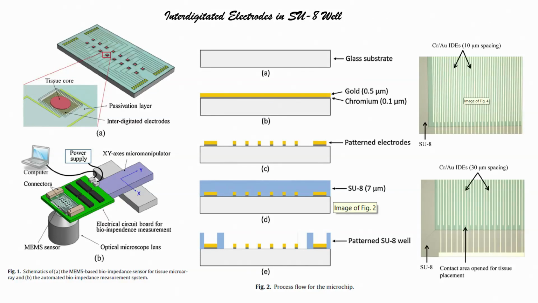What we can see on the left side, this particular chip, is an array of sensors, and each sensor consists of interdigitated electrodes inside an SU8 well.